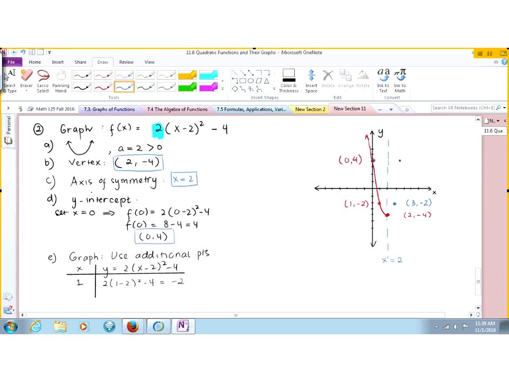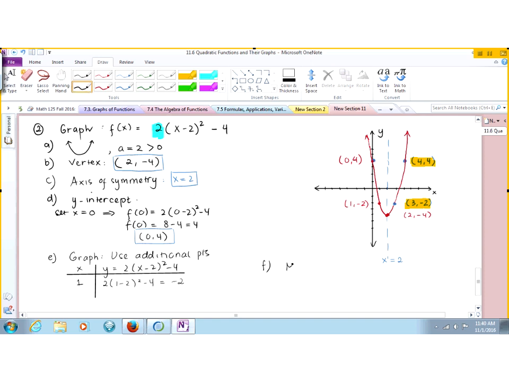Now what about the other one? This is 2 spaces to the left. What about 2 spaces to the right? 1 more here. So what is the coordinate? (4, 4). So that's it. Those 2 points in blue, we didn't calculate, but we found them through symmetry.